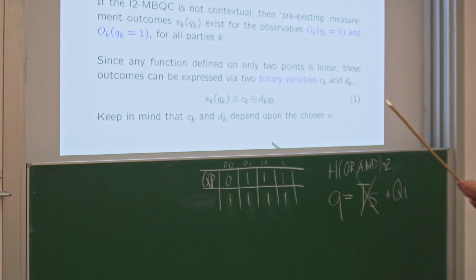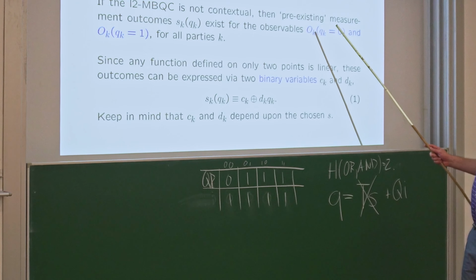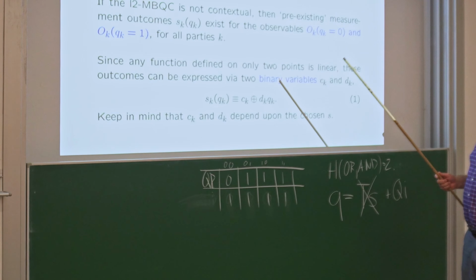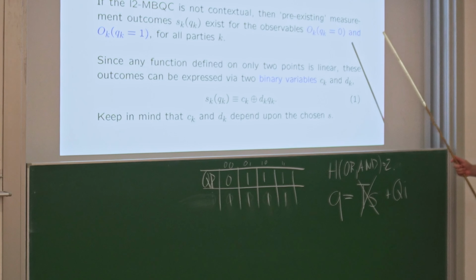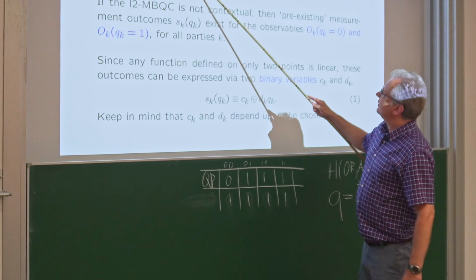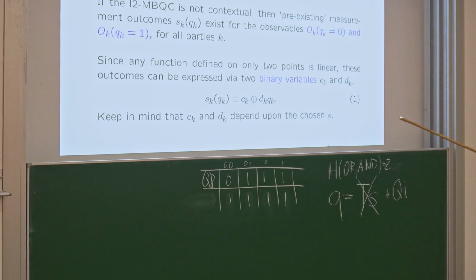So the overall outline is that we show that if this thing is not contextual, that is, if a hidden variable model exists for all the potentially measurable observables, then the function computed is mod 2 linear in the input. And so then our result is the contrapositive of that. Okay, good.